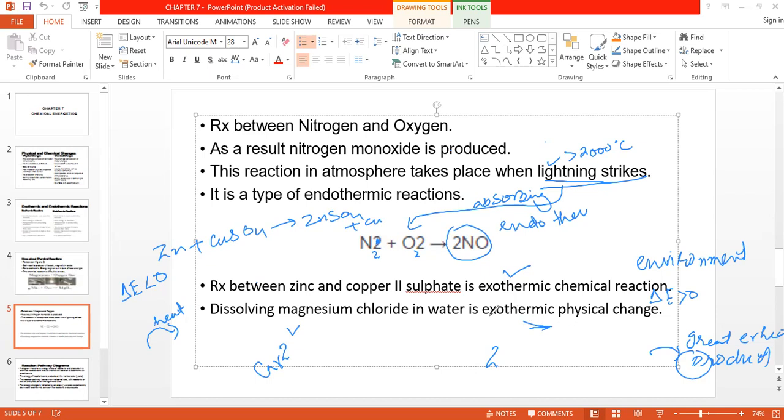Why is it called a physical change? Because the process of dissolving is a physical change. But as a result of that physical change, heat energy is given off, so it is called an exothermic physical change. Okay, let's move forward, and we have our next slide.